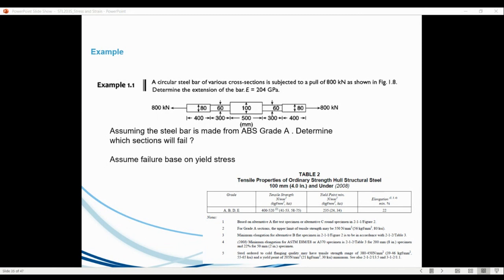Anyone? The first section A, looking for the change in length. You're slow today. What's happening?